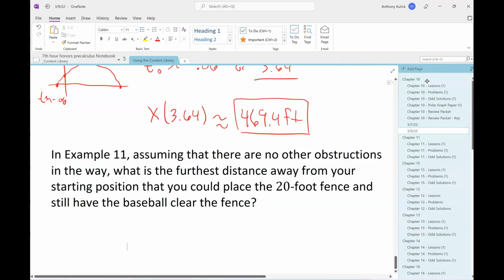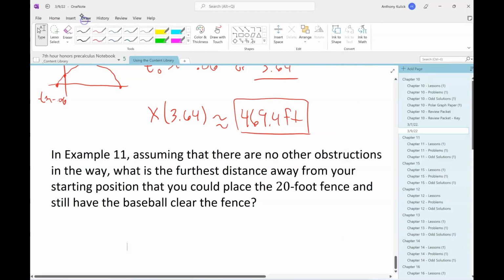Is that okay? So what we're going to need is the time when the ball is at a height of 20 feet, right? I'm going to refer to that as t sub 20.